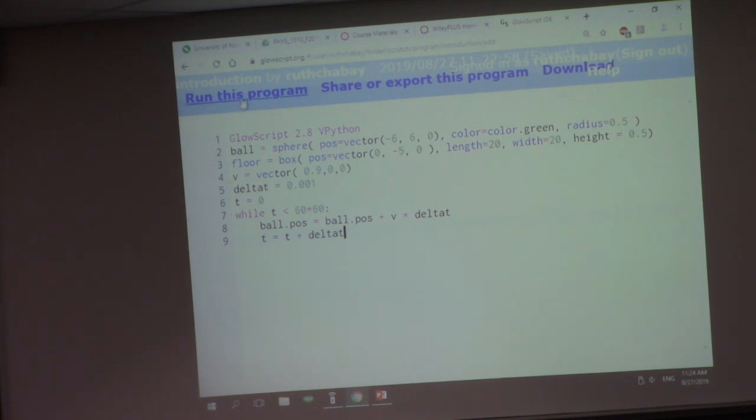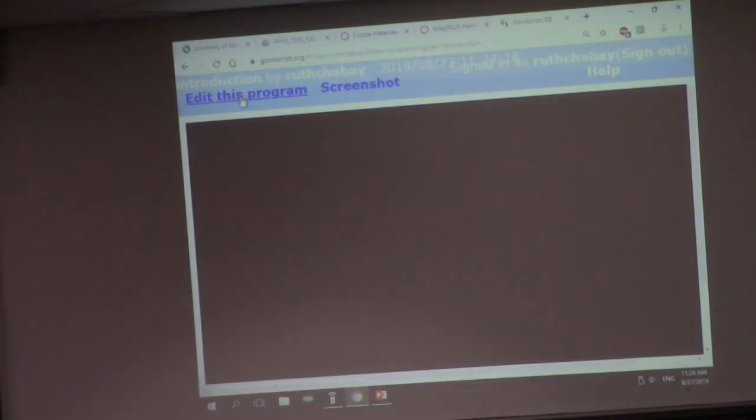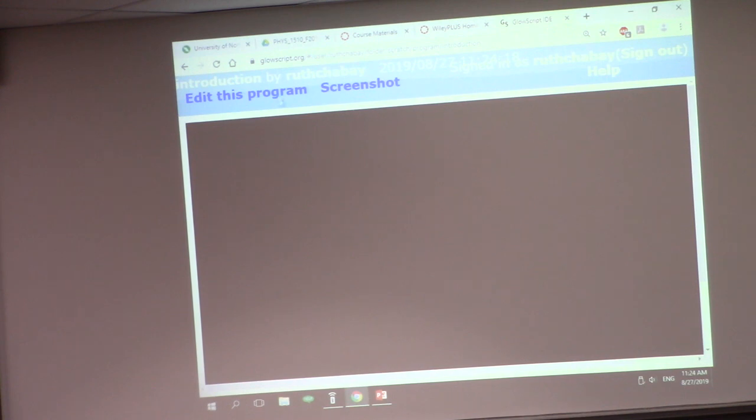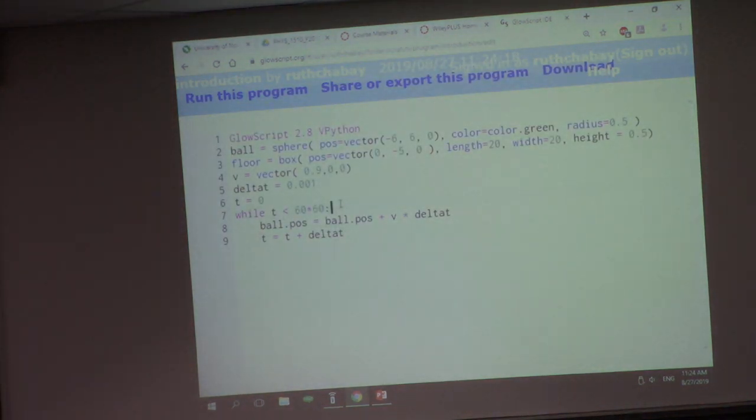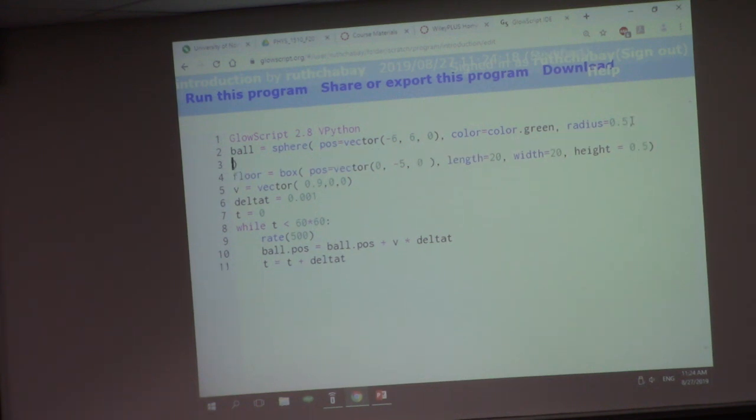And now if we run this, things happen way too fast for us, so we'll slow this down. We'll do rate 500. And let's tell our ball that it should leave a trail so we can see where it's going.